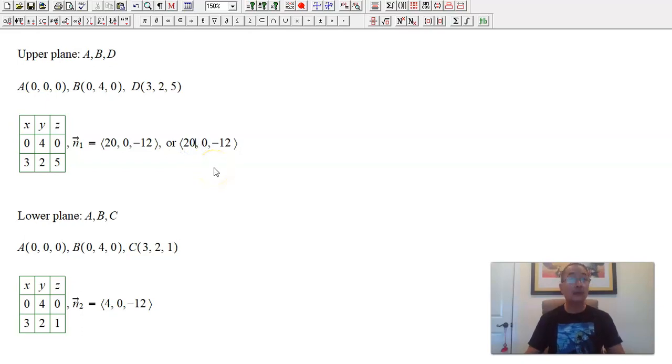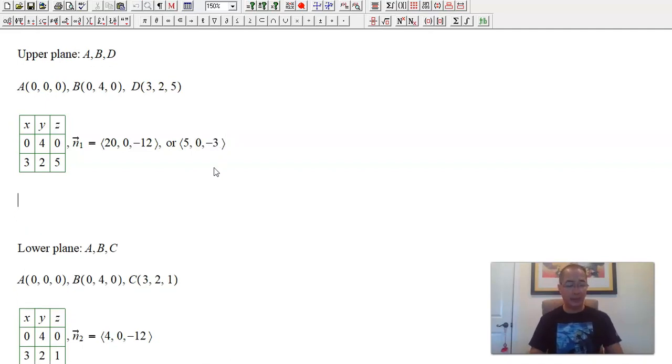You can scale out by 4, so we get (5, 0, -3). So the equation of the plane becomes 5x minus 3z equals 0. We're passing through the origin. So z equals 5/3 x.